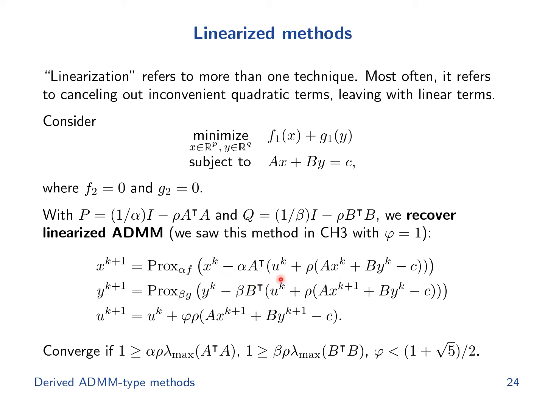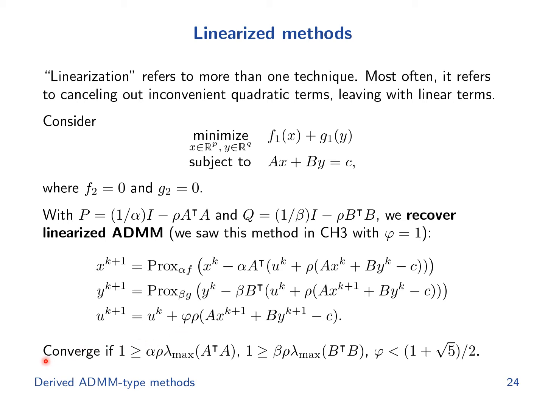Instead, we explicitly compute A times x_k and A transpose times a precomputed vector, and only F is involved in minimization, not A times x, and similar for y. This method is called linearized ADMM with golden ratio parameter. So you can call it golden ratio linearized ADMM.